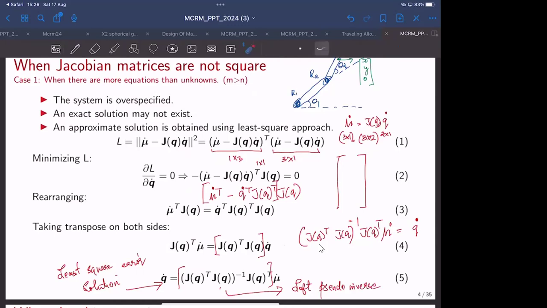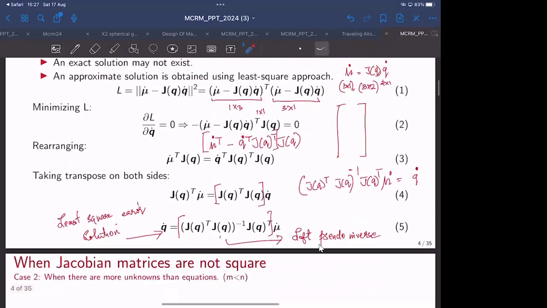We use this left pseudo inverse when there are more number of equations than unknowns. So if our Jacobian matrix is tall, we use this left pseudo inverse to solve for Q dot.